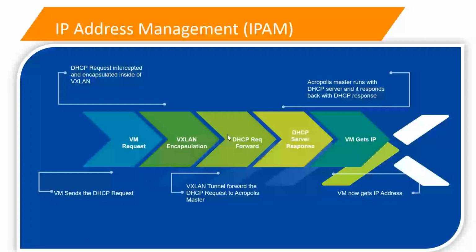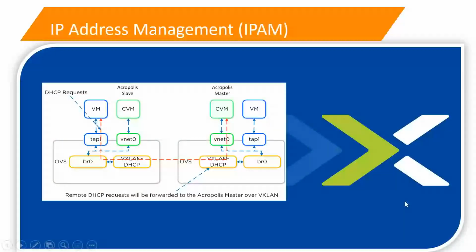Who is the DHCP server? Acropolis master. Acropolis is the service which is running on the CVM. So the CVM which hosts the Acropolis master also hosts the DHCP server that receives the request, and then it responds with the IP address. So now finally the VM gets an IP address.